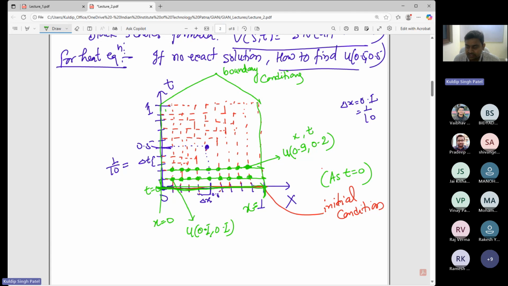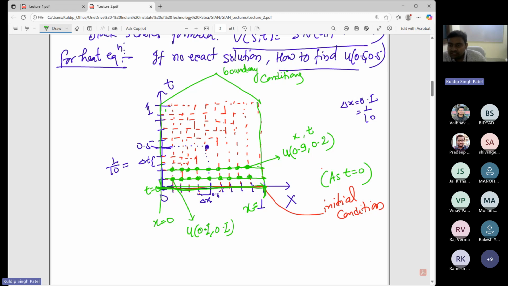Here x is 0.9 and t is 0.2. So fine. We got that point, whatever point. Suppose I get the solution at these points, and then whatever point you ask me, I'll give you the solution. Now there are two questions, right?